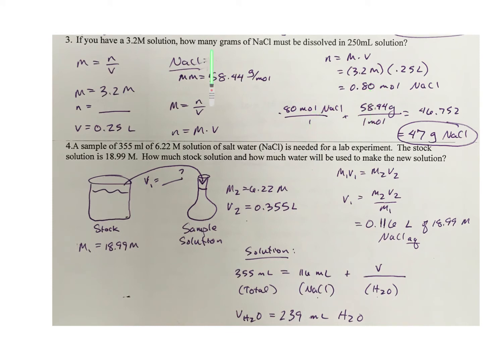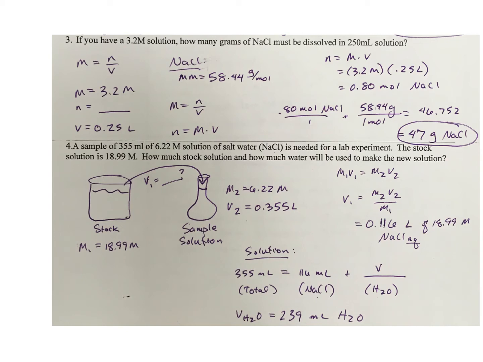But that's not the question. The question is how many grams. It's not difficult to change moles to grams. You use the molar mass from the periodic table. So 0.8 moles times the molar mass of sodium chloride gives you this number on the calculator. But since both measured values have only 2 significant figures, 46.7 rounds up to 47.